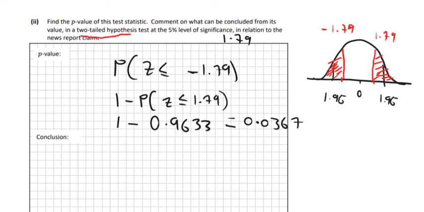Now remember that we need to find for the two sides, so therefore you're going to have to times that by 2. So if you do 0.0367 times by 2, we get 0.0734.